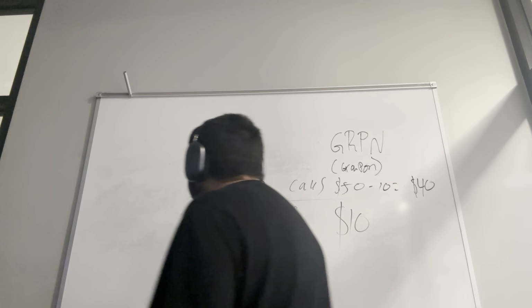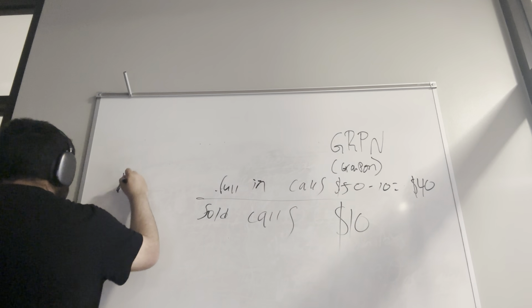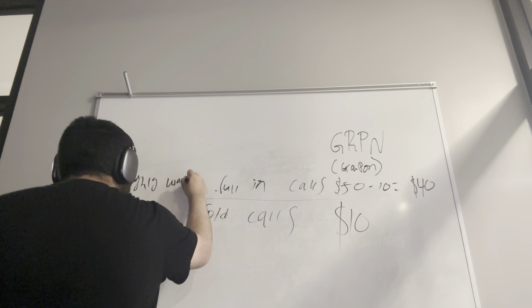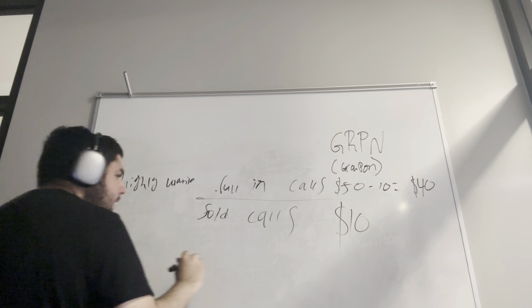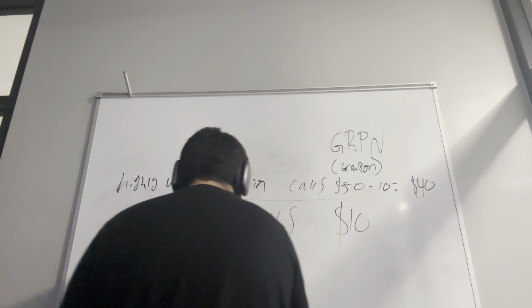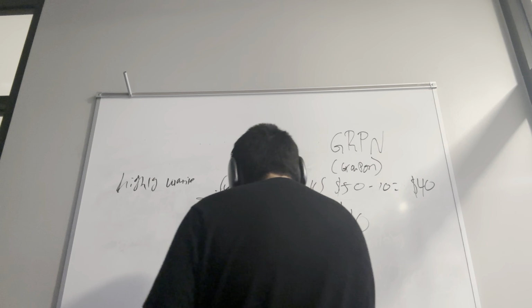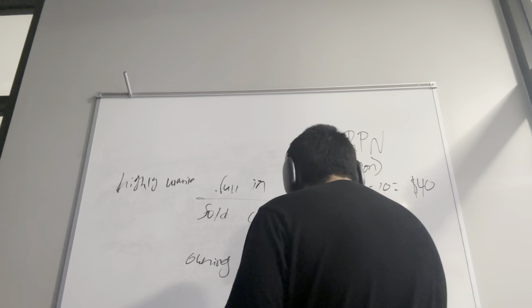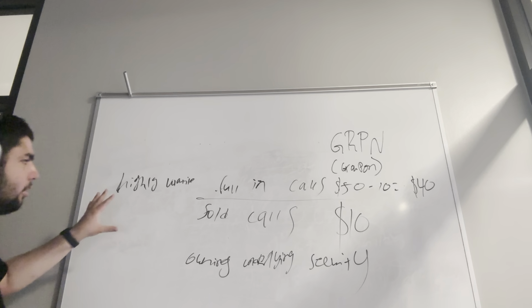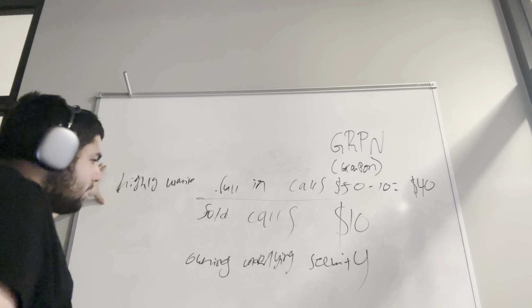Since this is extremely volatile, highly volatile, this is owning the underlying security. The underlying security is still volatile, but it is far less volatile than owning the calls.